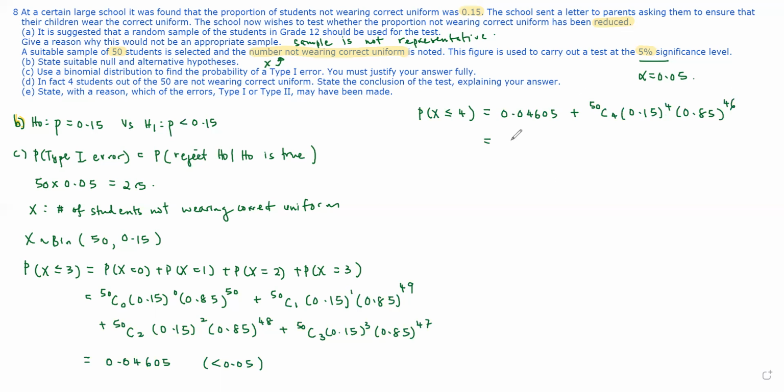This has a value of 0.112, which clearly is greater than 0.05. Then from here, we say that the probability of type 1 error is 0.0461 to 3 significant figures. We use this since this is less than 0.05, and this will give us the probability of rejecting the null hypothesis.